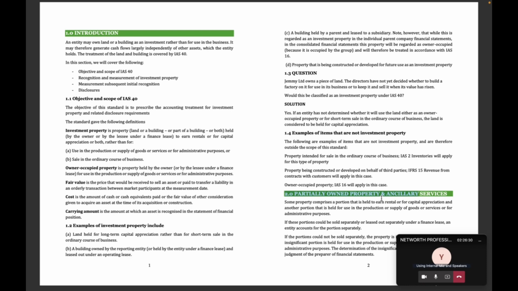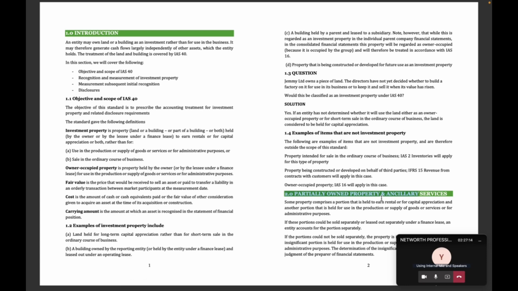The standard says that if you can sell the portion that you are leasing out separately, and the portion you are using for your office use or administrative purposes, if you can sell that one too separately, then you can easily know their values individually. Then the standard says the portion you are using, put it in your books as PPE, and the portion you have let out, put it in your books as investment property. That's how you are going to do it.